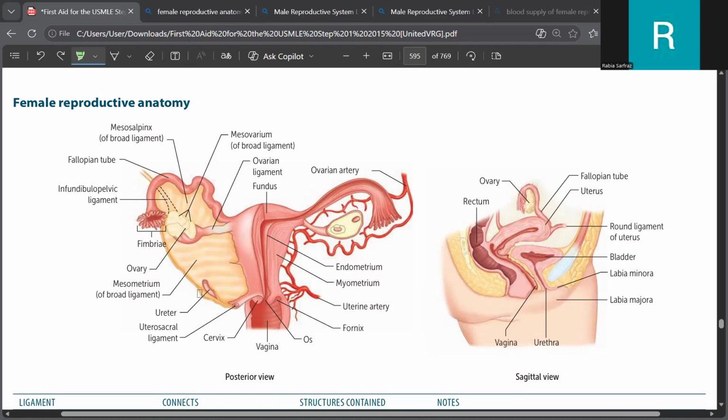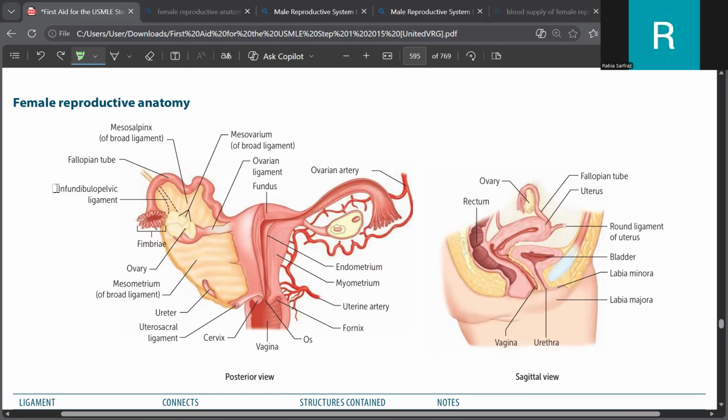Then there's the ureter, the ovaries, the fimbria, which are the egg grabbers, the infundibulopelvic ligament that connects the infundibulum of the fallopian tube to the pelvis. These are the fallopian tubes and the rest we have covered.